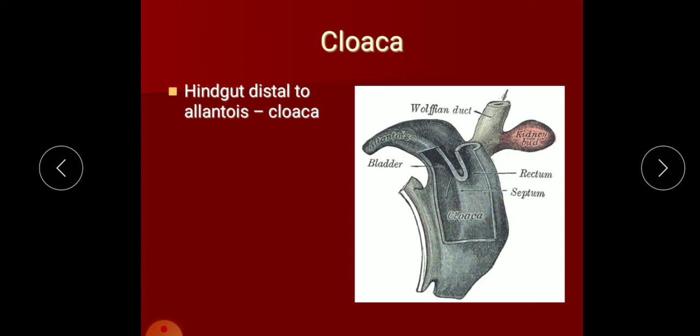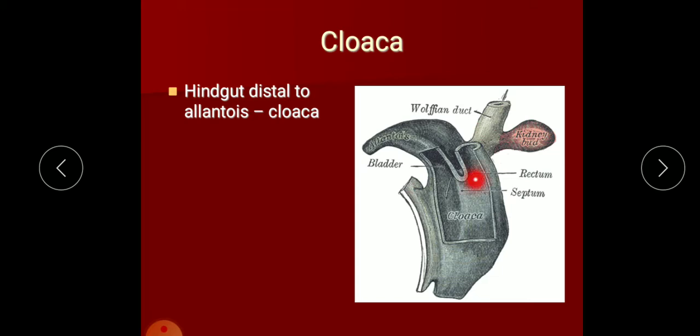So this cloaca has to be partitioned into an anterior part and a posterior part. Fine. So this cloaca will be partitioned by a septum in the center, and that is what is termed the urorectal septum.